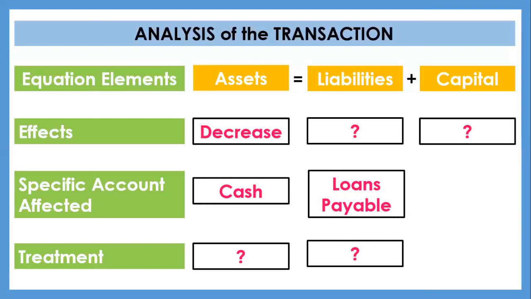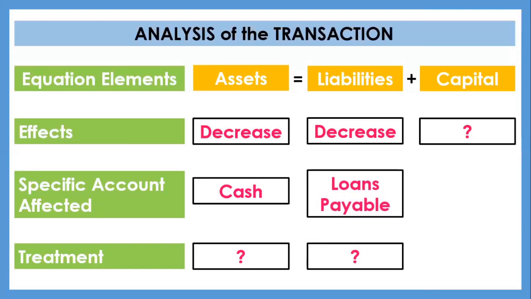And aside from that, our liabilities will also decrease since we already made a payment of a portion of our total loan, okay? We made a payment since our loan was already due. So there will be a decrease in our liability. And again, there will be no effect on our capital.